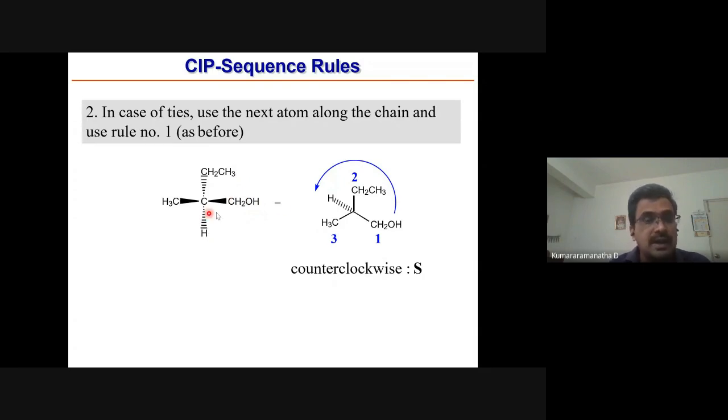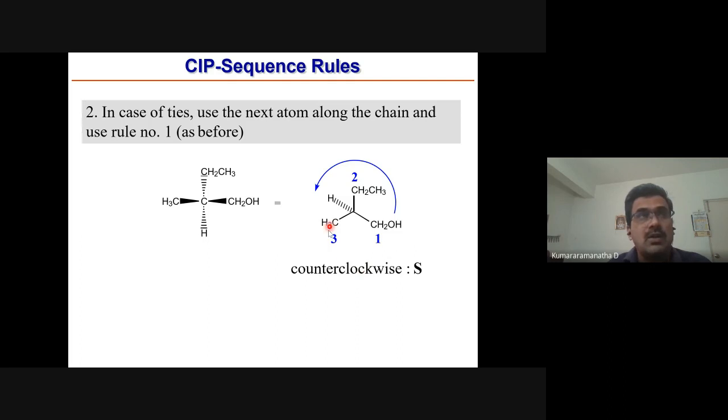Again, hydrogen you can neglect, you can keep it outside, away from you, and keep CH2OH, CH2CH3, and methyl at one place in a plane. CH2OH is first priority, second priority CH2CH3, and third priority CH3. Now you can see how the assignment goes 1, 2, 3.